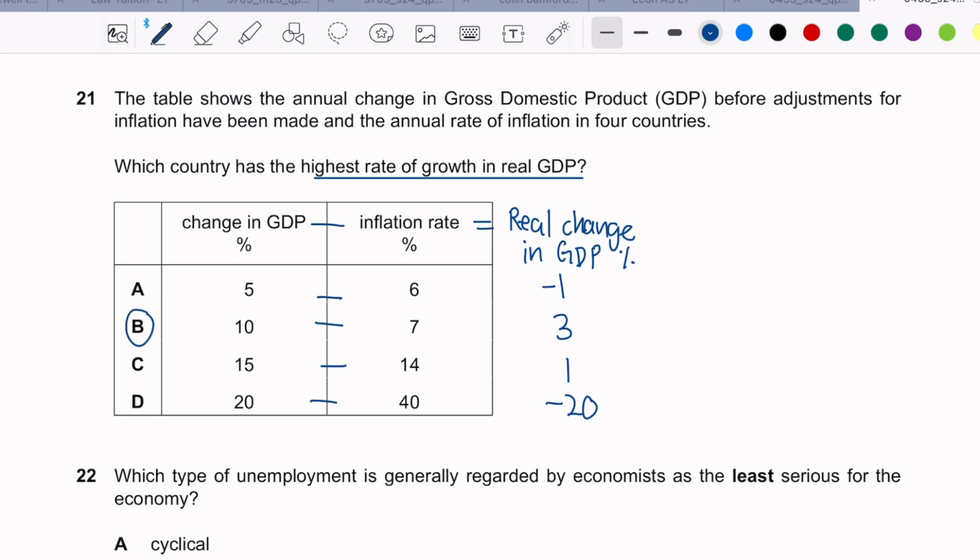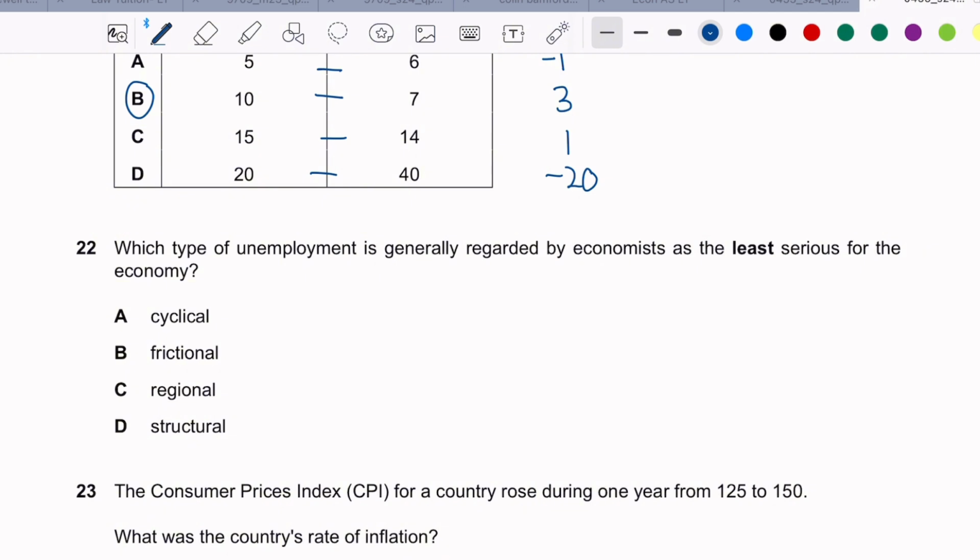Moving on. Which type of unemployment is generally regarded by economists as the least serious for the economy? So first, cyclical. It is caused by the decrease in total demand of economy. Frictional occurs when changing between jobs.